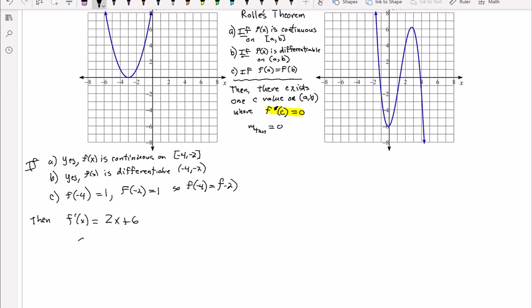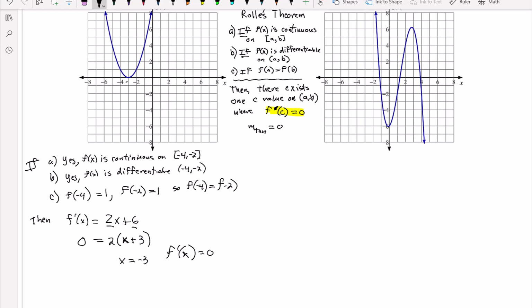If we set this derivative equal to 0, these each have a 2, so we factor out a 2, and that'll be x + 3, where x is equal to -3. f'(x) equals 0.